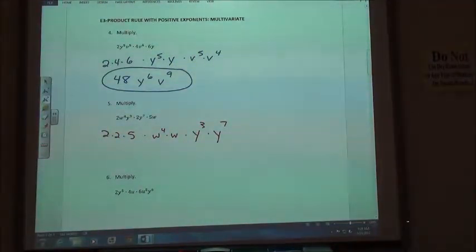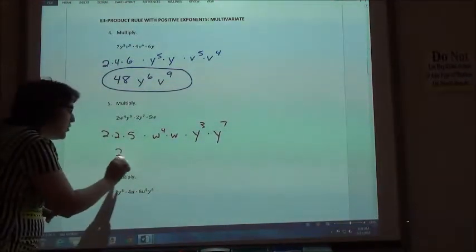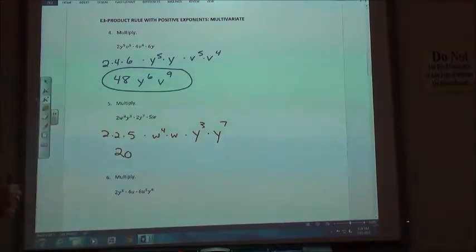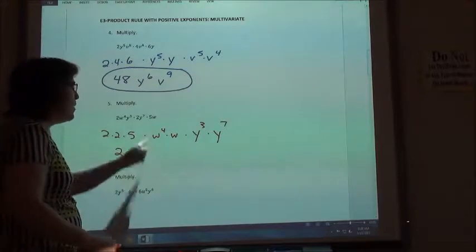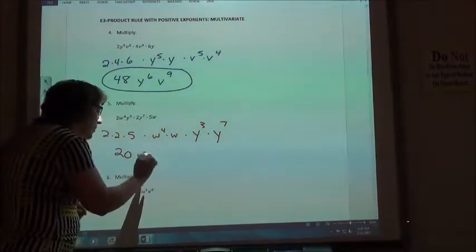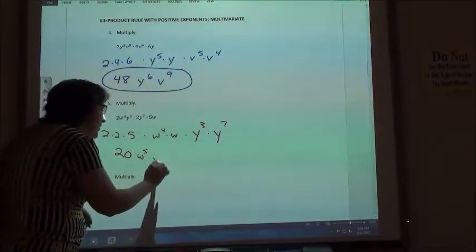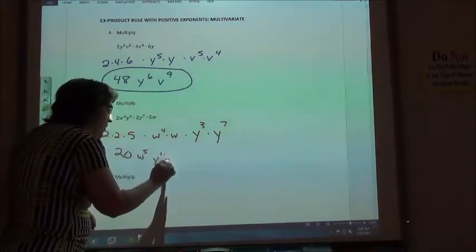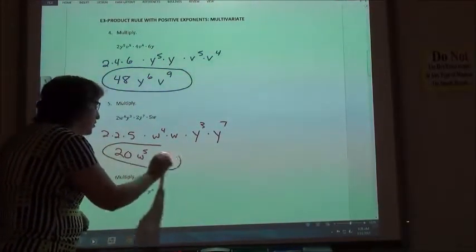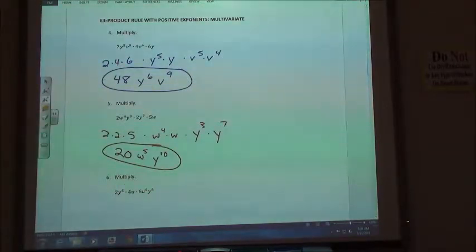So 2 times 2 is 4, 4 times 5 would give me 20, multiplying my coefficients together. W to the 4th times w, 4 plus 1 gives me w to the 5th. Y to the 3rd times y to the 7th, 3 plus 7 gives me y to the 10th. So 20 w to the 5th, y to the 10th would be my answer.